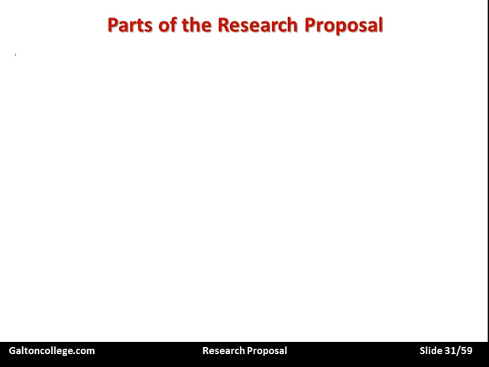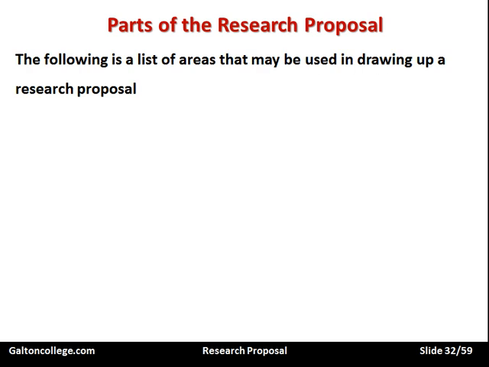Now let's look at the parts of the research proposal. The following is a list of areas that may be used in drawing up the research proposal. First of all, we have the executive summary. This is really a very short abstract at the start. Not very long, perhaps half a page of A4.